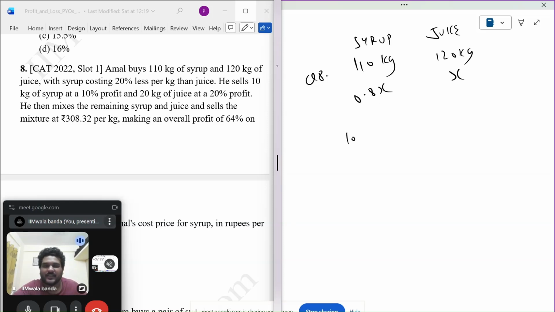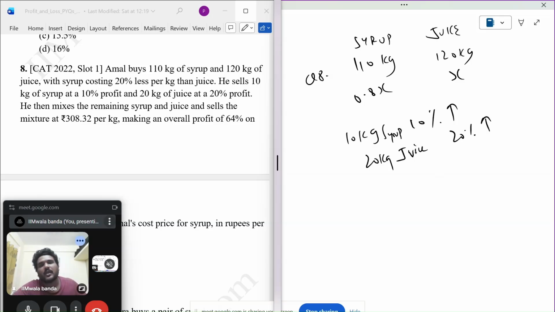He sells 10 kgs of the syrup at 10% profit, and 20 kgs of juice at 20% profit. Okay. And then he mixes the remaining syrup and juice and sells the mixture at 308.32 per kg. Yeah, this is where I skip the question and move on.